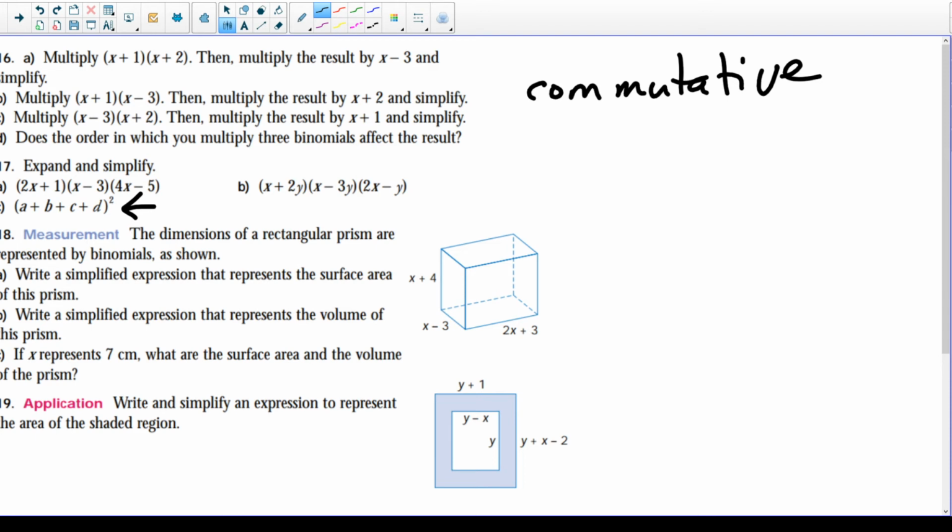Question 18. Do you remember from grade 9 the volume formula and the surface area formula for a rectangular based prism? Volume is pretty easy. It's just length times width times height.